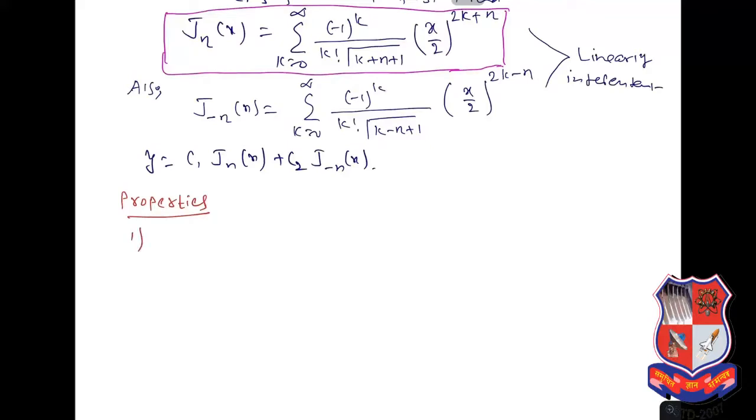The very first is d by dx of x power n J n x equal to x power n J n minus 1 x.